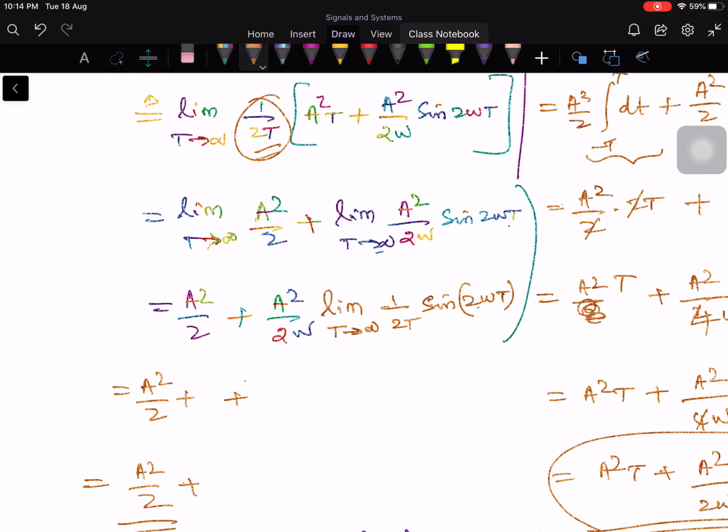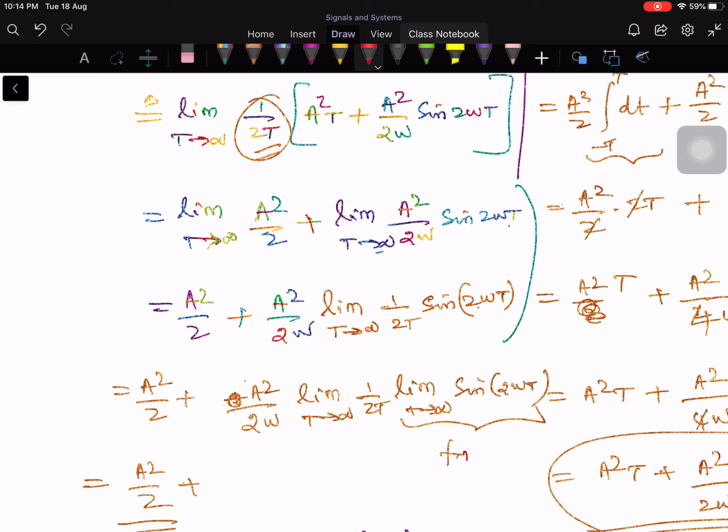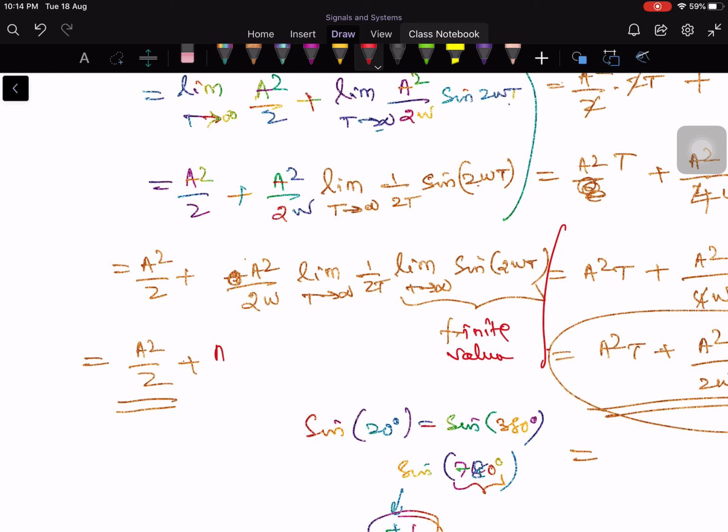Now this one is a square by 2 omega, limit t goes to infinity 1 over 2t, again limit t goes to infinity sine of 2 omega t. Now this is going to be, as I said, a finite value. So therefore a square by 2 omega, limit t goes to infinity 1 over 2t times finite value.